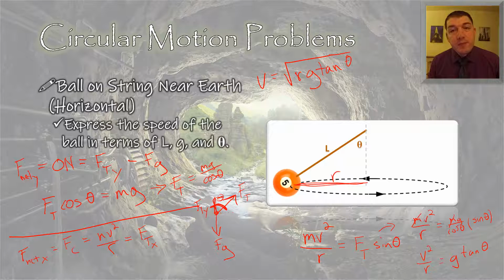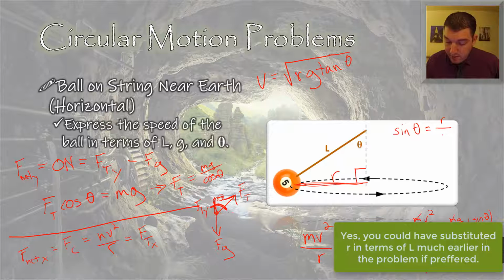This is r. While if you wrote v equals the square root of r g tan theta, you're close, you're not going to get 100%. All you really have to recognize is this is a right triangle. This is theta, this is the hypotenuse, and that's the opposite side. So relative to theta, sine of theta is going to equal opposite, r, divided by hypotenuse, L. Or another way of saying that is that the opposite side, r, is going to equal L sine theta.